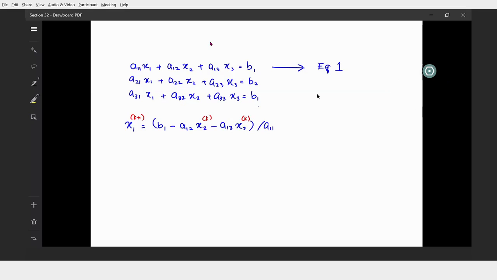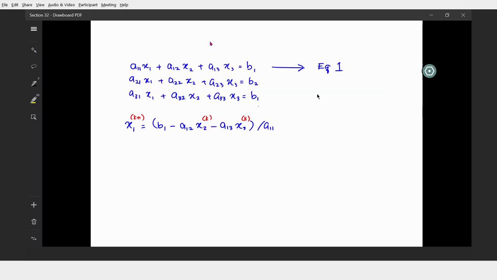First of all, you will be given the initial value, meaning that you know x1 naught, x2 naught, x3 naught. In the first iteration, you are going to have your x1 at iteration 1, with 1 at the top.